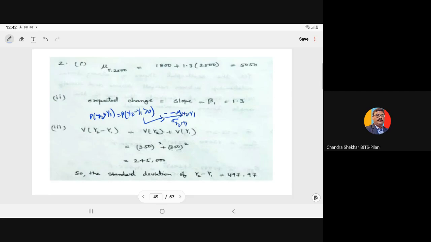So what is the variance of y2 minus y1? Because the variance follows the linear property, it is the variance of y2 plus the variance of y1.